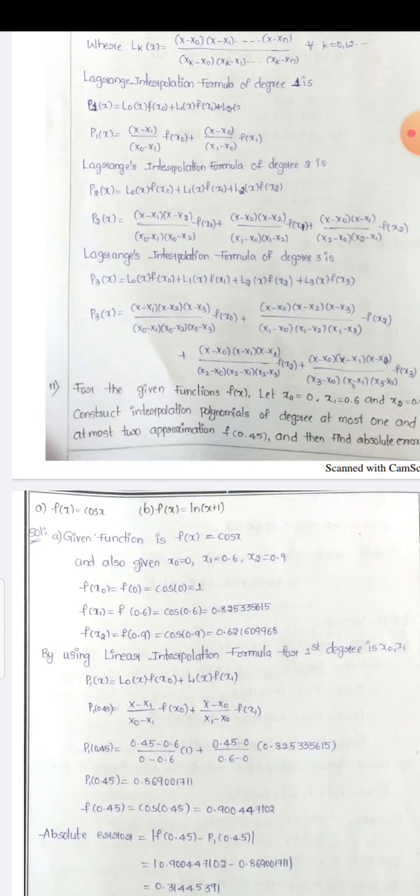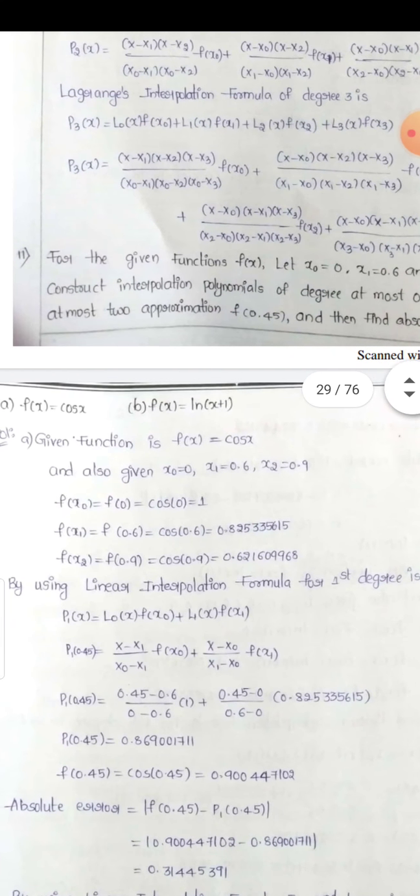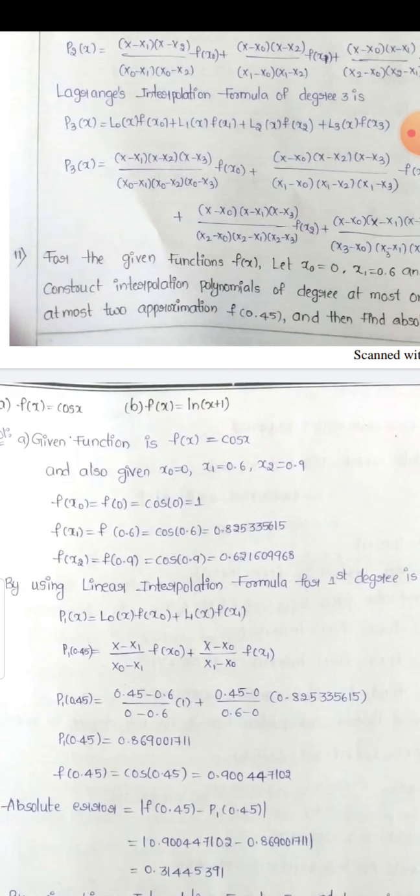We get P1 of 0.45 equals (0.45 minus 0.6) into 1 by (0 minus 0.6) plus (0.45 minus 0) by (0.6 minus 0) into 0.825335615.